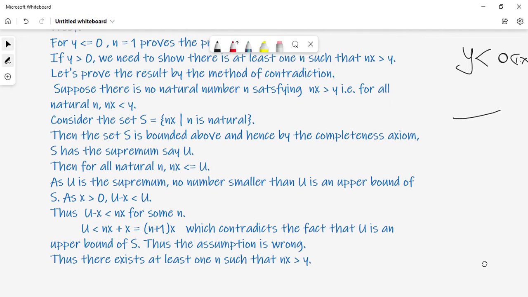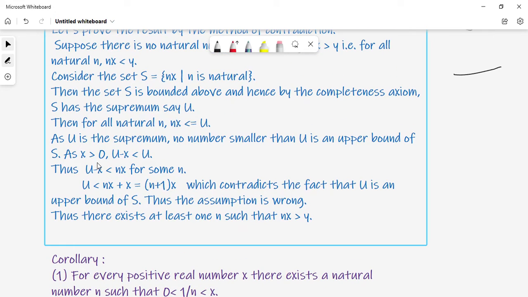So what we'll do is, we know x given to us is positive. So naturally U minus x will be certainly less than U. So U minus x cannot be an upper bound, meaning U minus x will be smaller than nx for some n. Now let us add x to both sides. So what do we get?